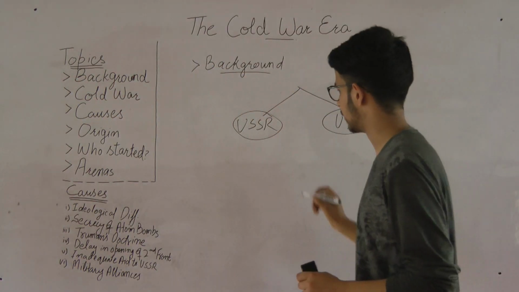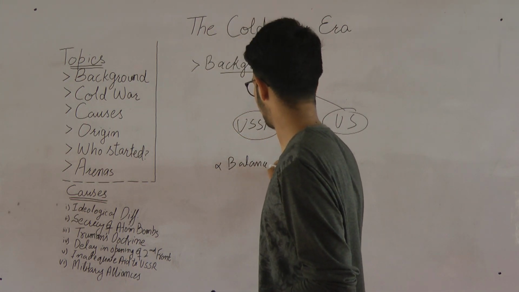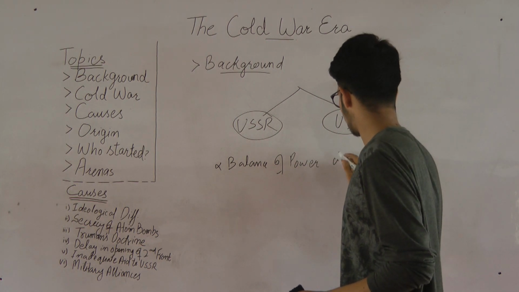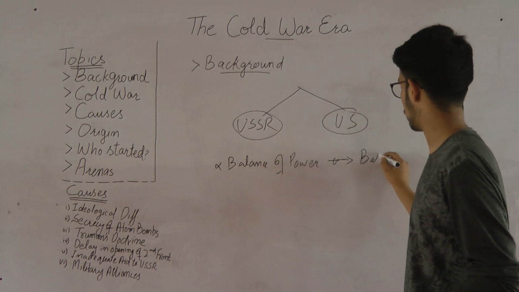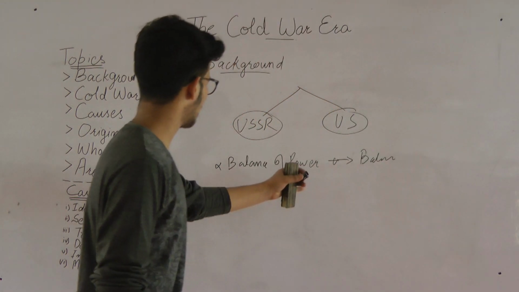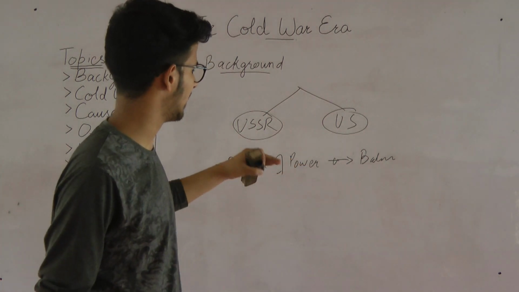The second point you need to note here is that the balance of power was replaced by the balance of terror. Balance of terror relates to nuclear weapons. Before 1945, there were no nuclear weapons, and they had never been used.